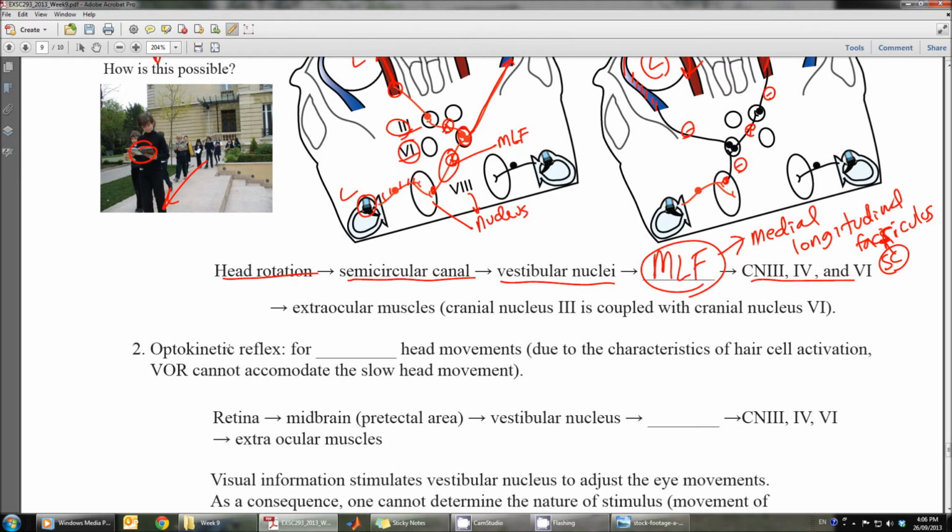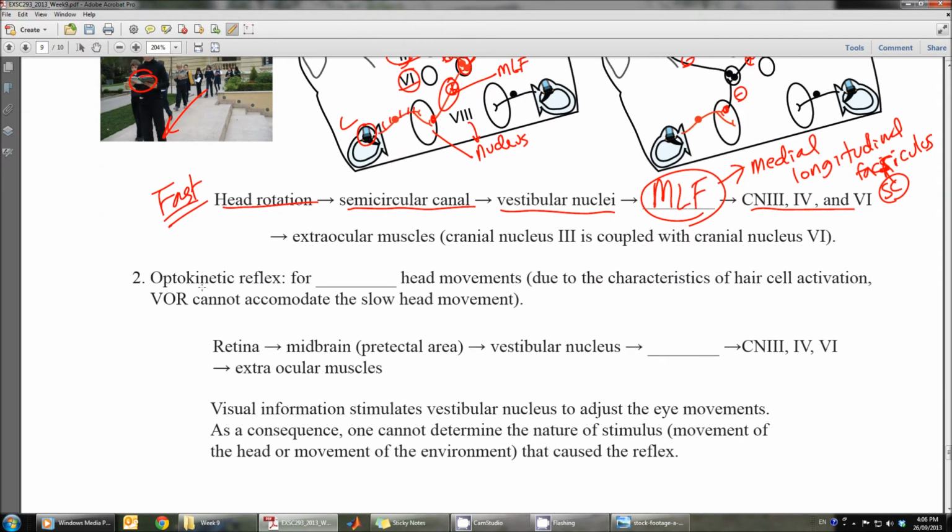So this is for fast head movement. What about slow head movement, or if a bigger object is moving slowly in the visual field? This time, it's using the vision to guide the stabilizing eye movement, to stabilize the gaze.